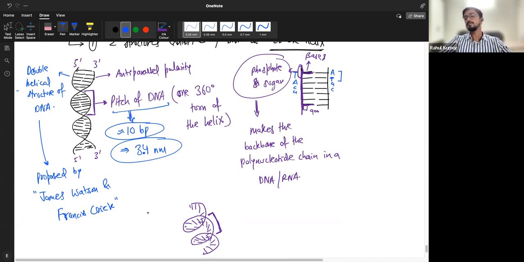So if I ask you now, what is the distance? This can only be calculated. You cannot visualize it because it's a very, very small length. If I ask you, what is the distance between two adjacent base pairs in a DNA? I gave you all the information on the board.